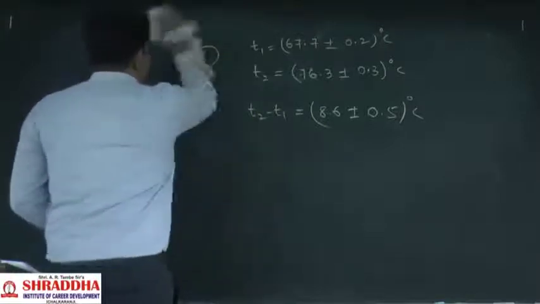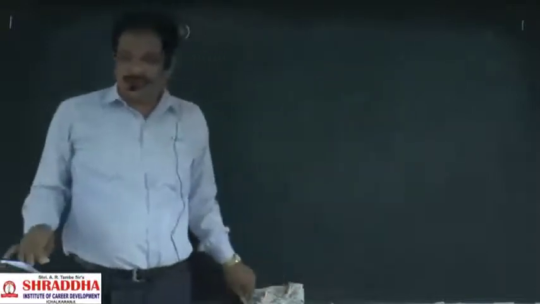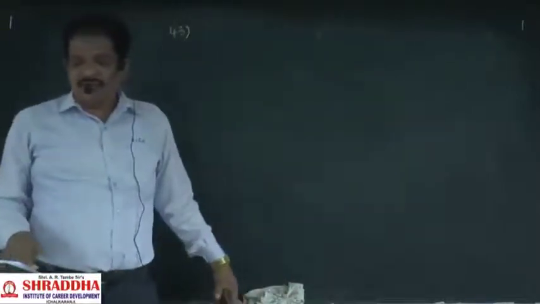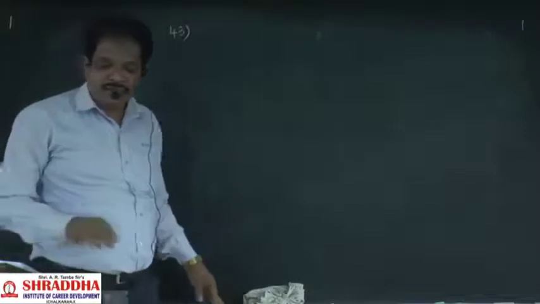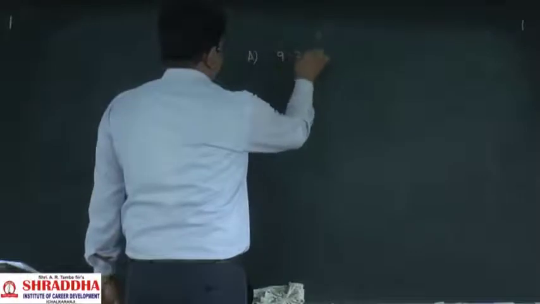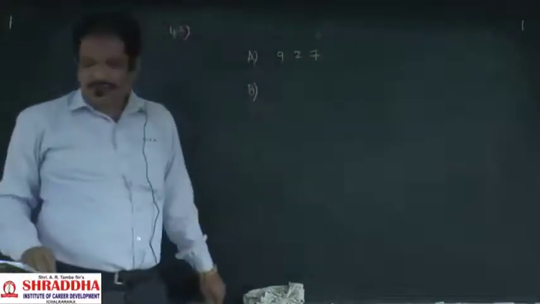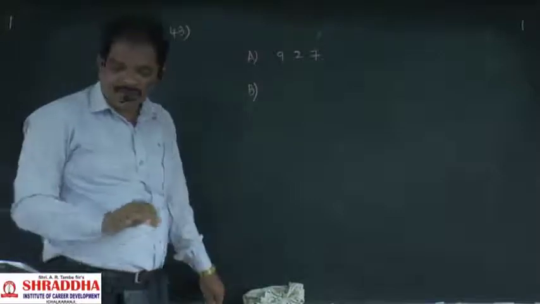Next. 43. Four numbers are given. Out of this, which is less accurate? A, 9.27. B, 4.41.